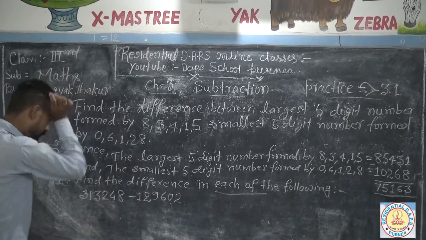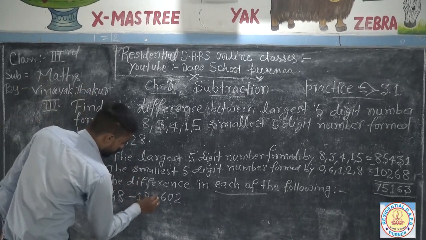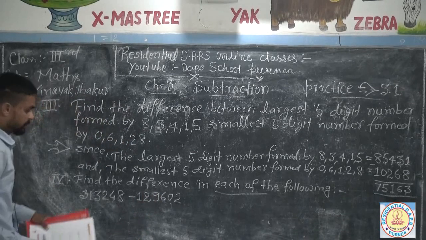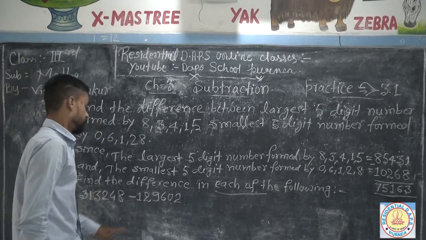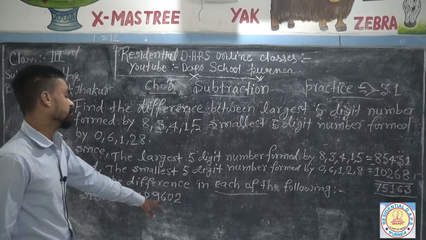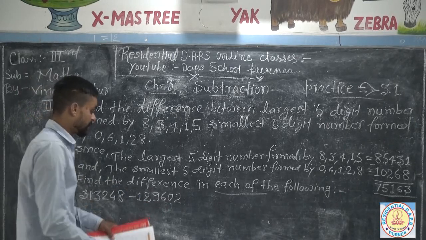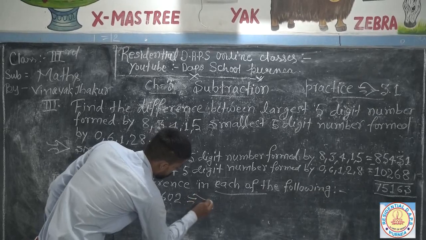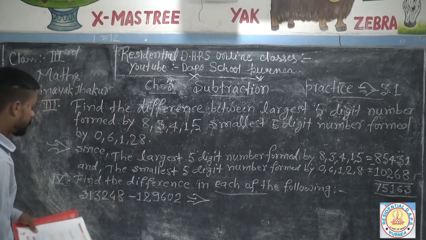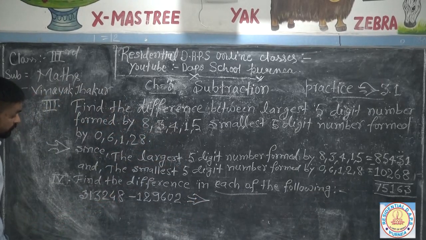So you need to subtract here just 1,29,602 from 3,13,248. Just for the difference, you need to find out the difference by its columns.